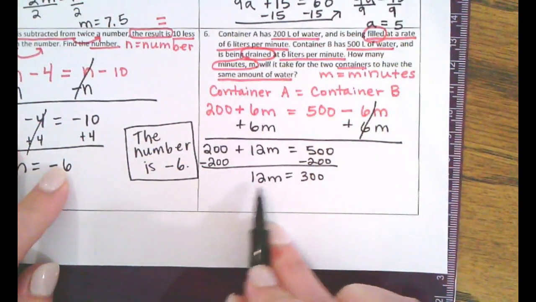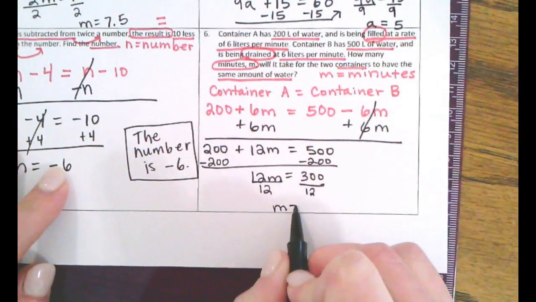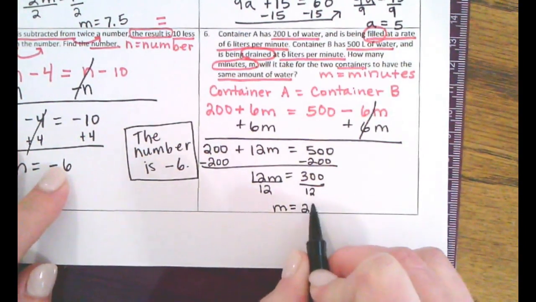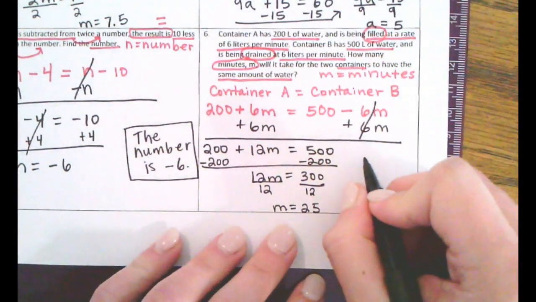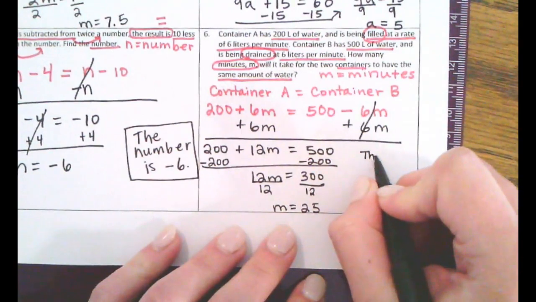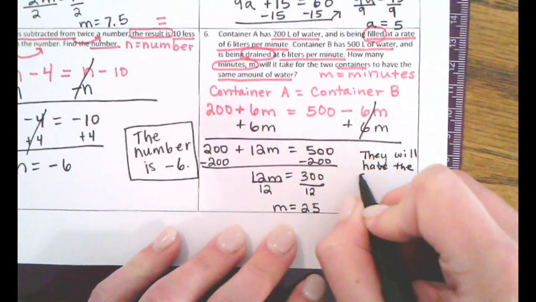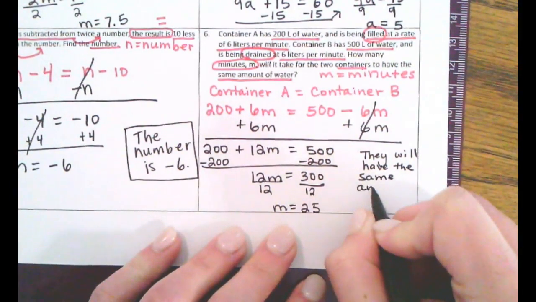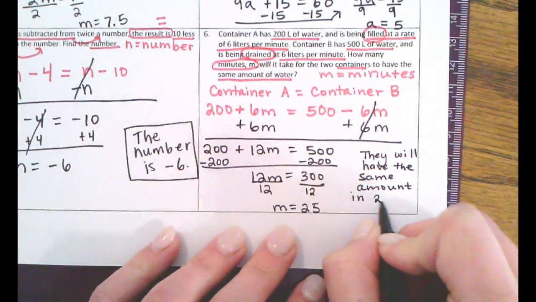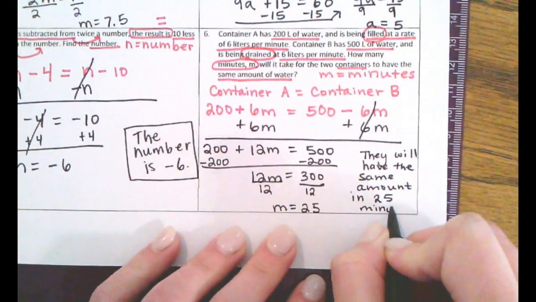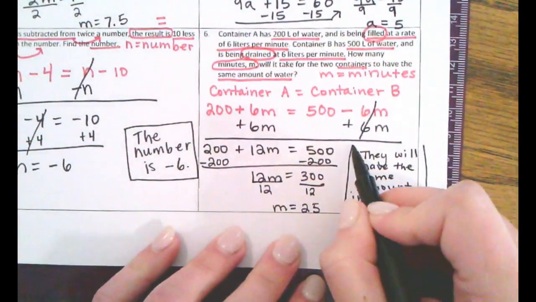And next, I have to divide by 12. And I get that m equals 25, which stood for our minutes. So my final answer with my sentence, they will have the same amount in 25 minutes. There's my answer.